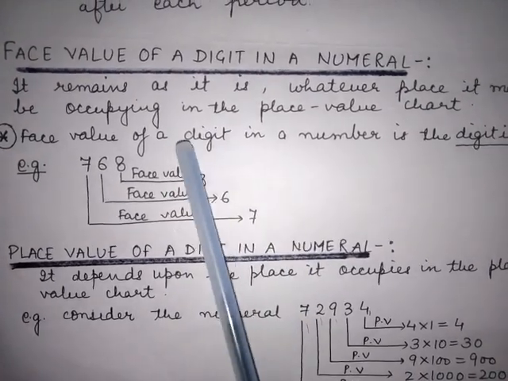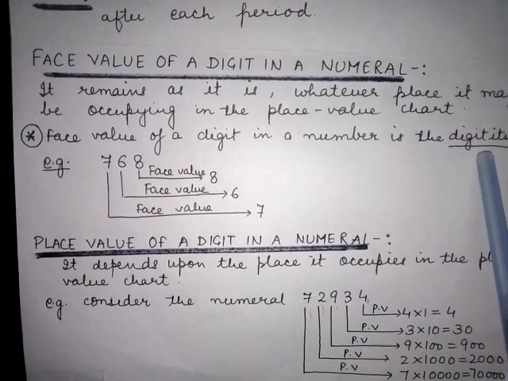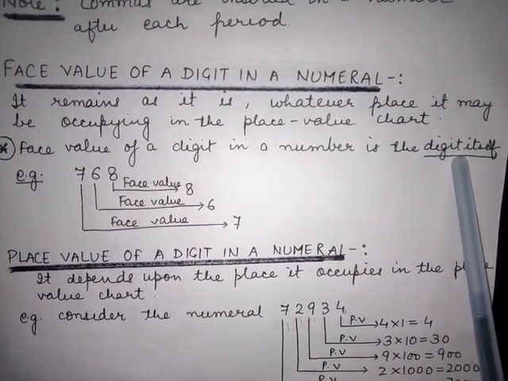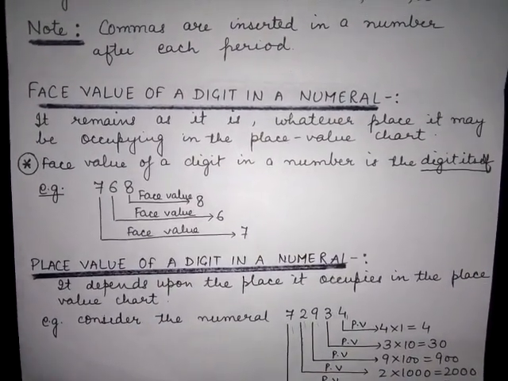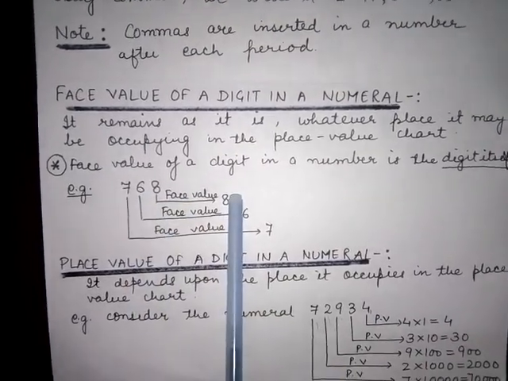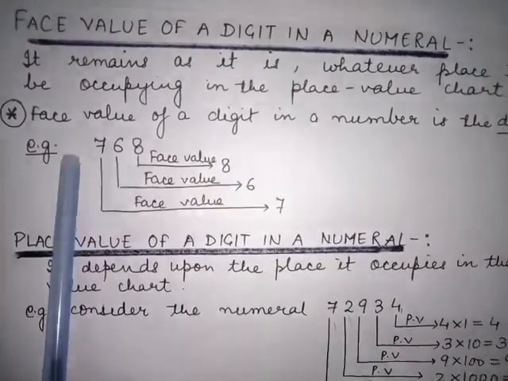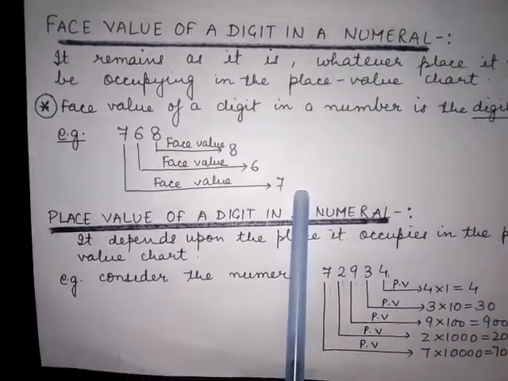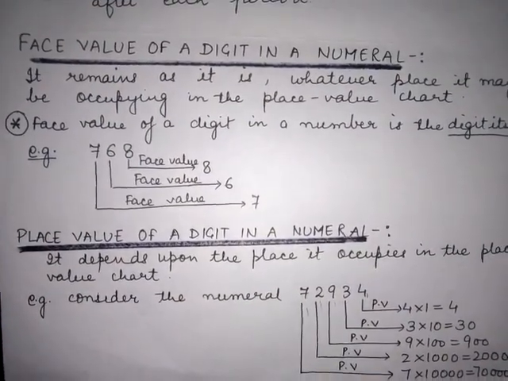As I have already mentioned, the face value of a digit is the digit itself. No changes there. So here the face value of 8 is 8. Face value of 6 is 6. Face value of 7 is 7. So by this you can understand what is face value of a digit in a numeral.